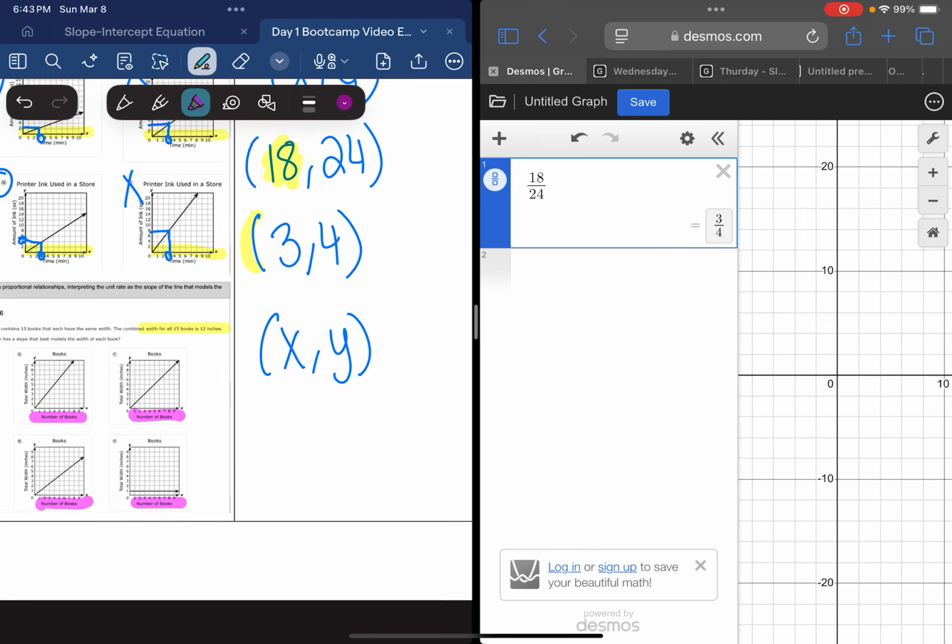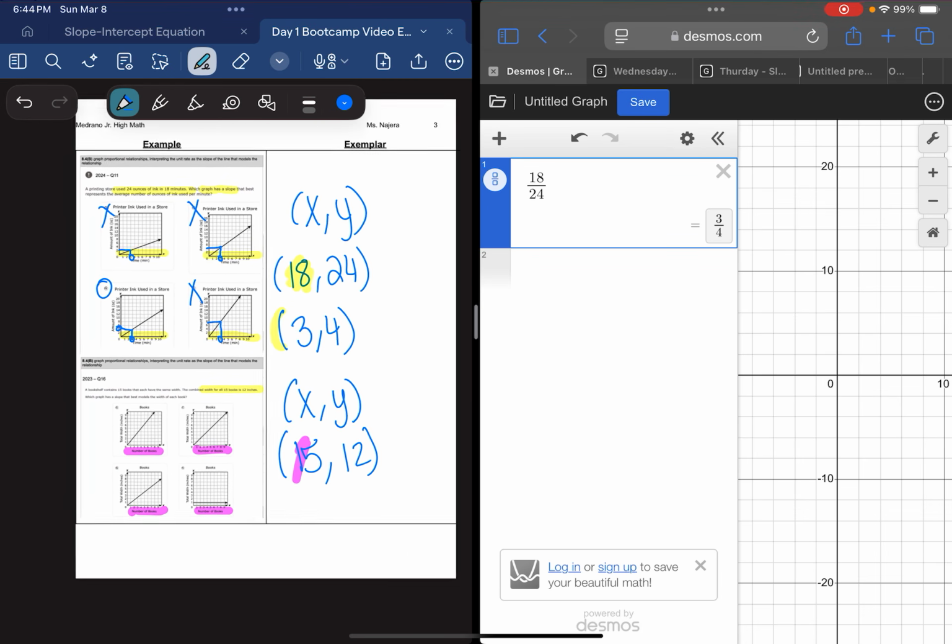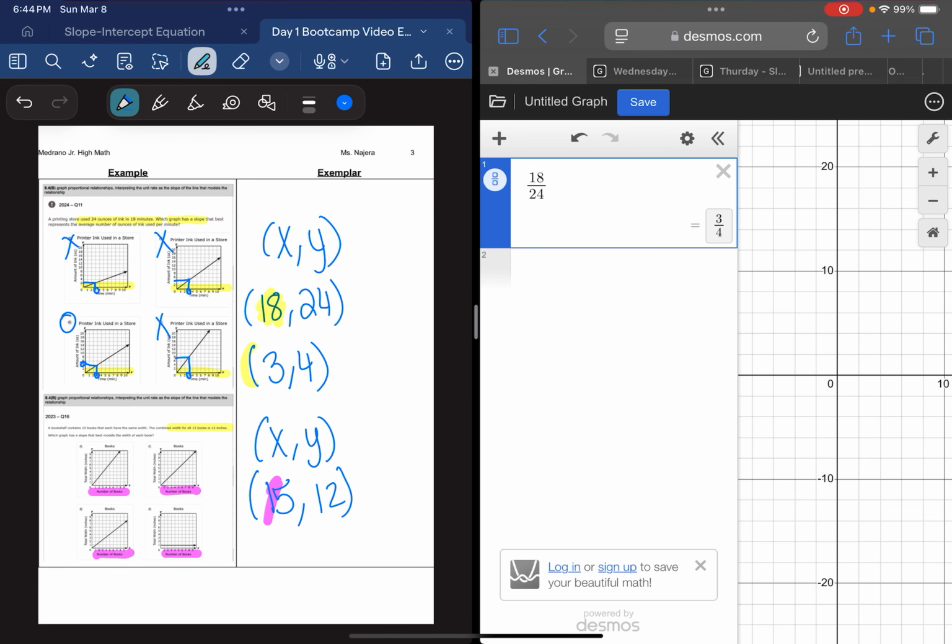So that tells me that my x value then is 15 because she has 15 books, and my y value is inches. Okay, so I'm going to attempt to look for the point 15, 12.